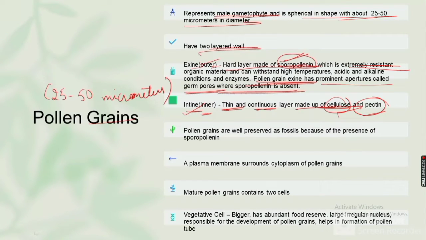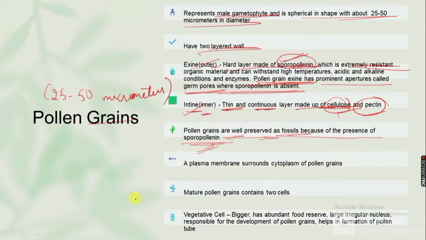Pollen grains are well preserved as fossils only because of the presence of sporopollenin.